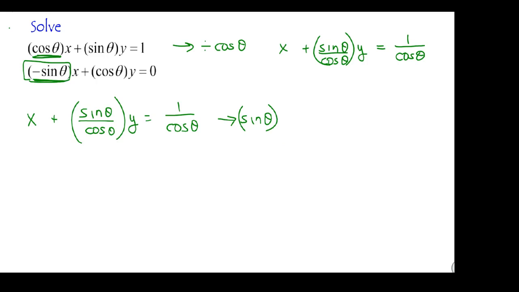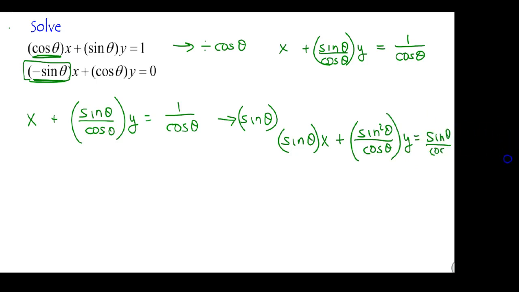So when I multiply my new row 1 by sine of theta, I will have sine of theta times x plus sine squared of theta over cosine of theta times y is equal to sine of theta over cosine of theta.